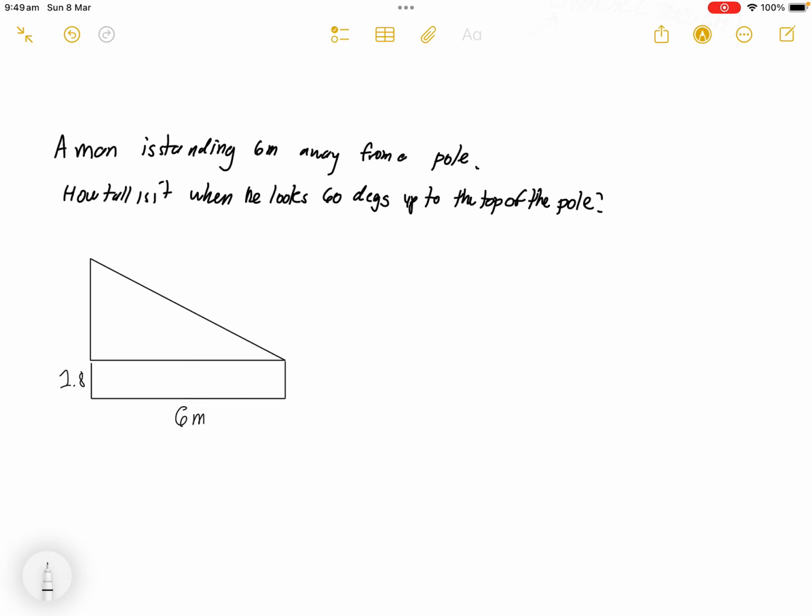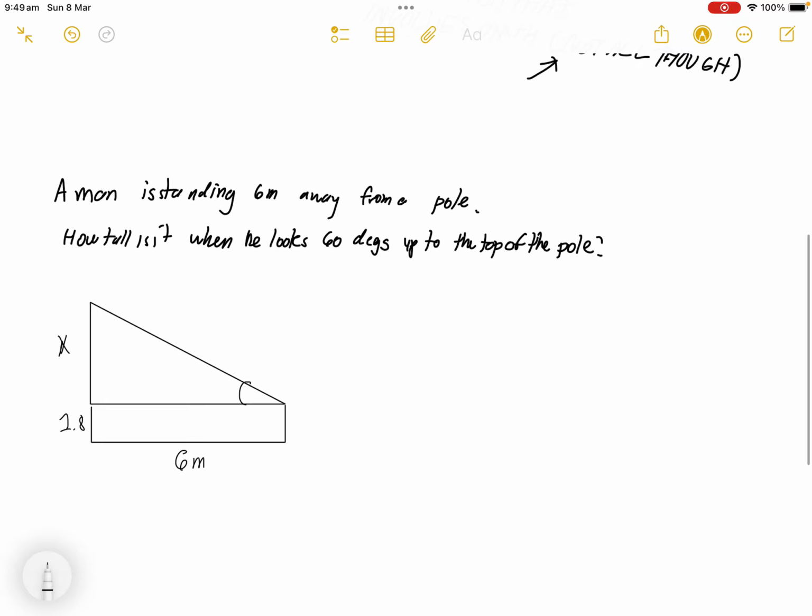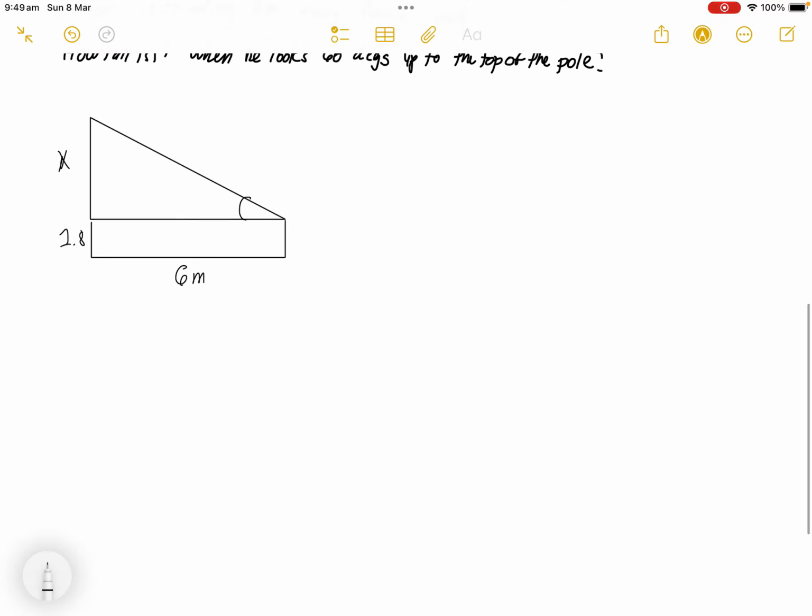But here's the problem. We want to know exactly how tall the pool is based on the man's height. So we're going to put an X right here in order to add up the height of the pool.